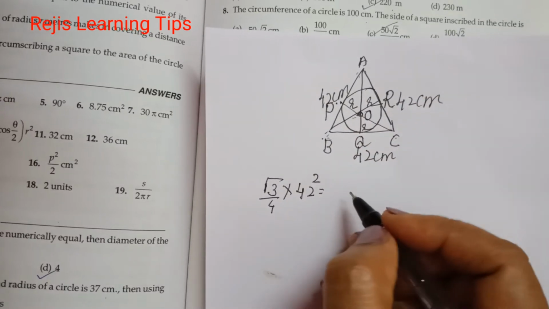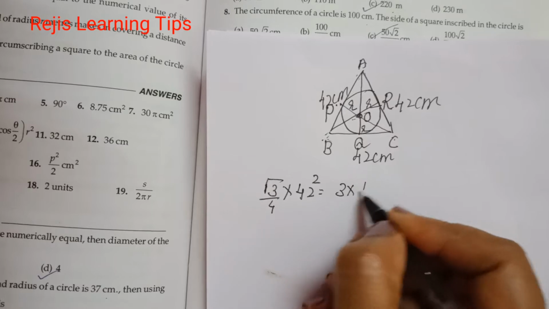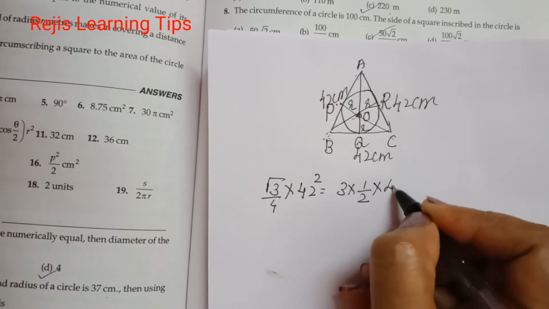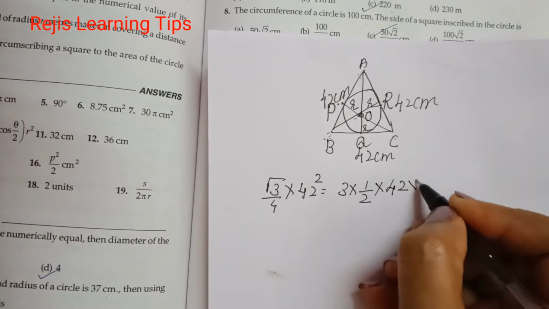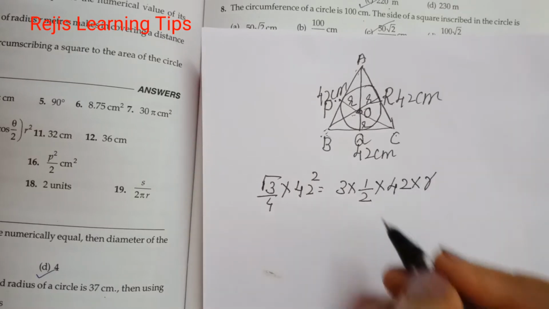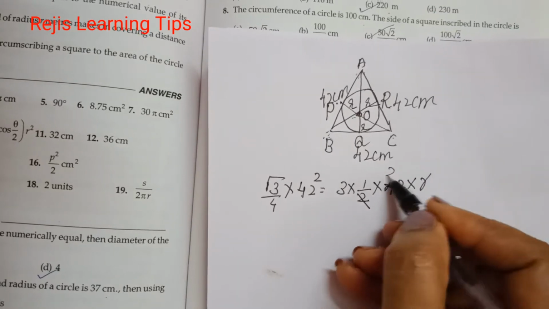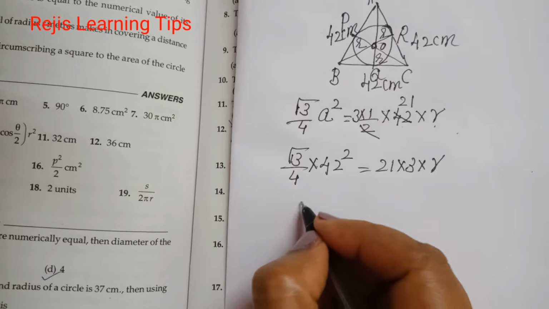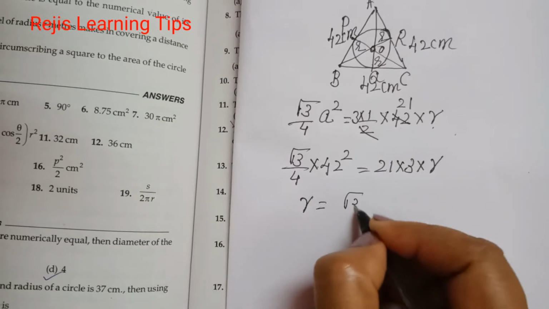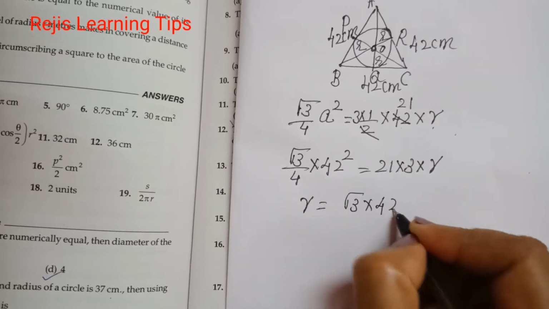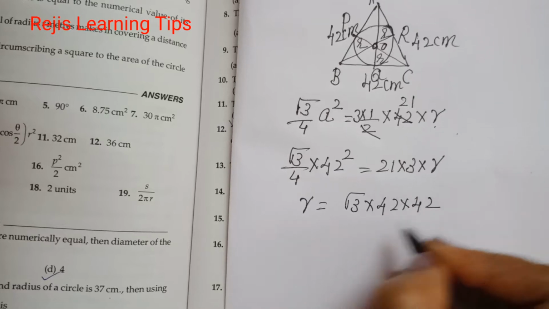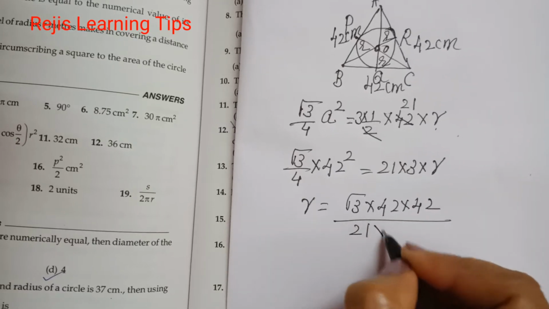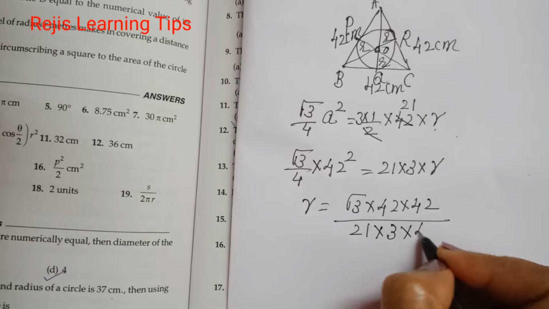So we can write here 3 into half into base 42 into altitude, that is R. We can cancel this 2 and 42, then we will get 21. So R is equal to root 3 into 42 into 42 divided by 21 into 3 into 4.